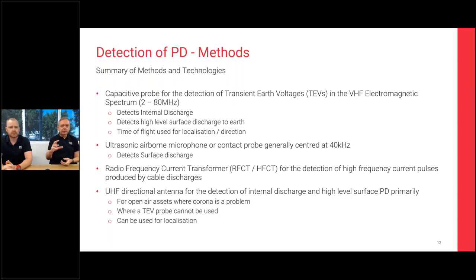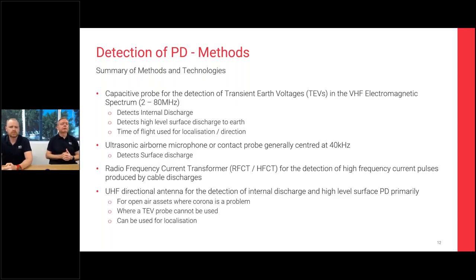The UHF technique is the final technique that we use for detecting PD. Often that's used on high voltage open terminal type switchgear, or where you can't use TEV. A potential use in this instance is testing cable joints inside pits, where you don't want to go into the pit first and don't want to be touching the TEV probe against it, or you want to do a PD test from a bit of a distance.